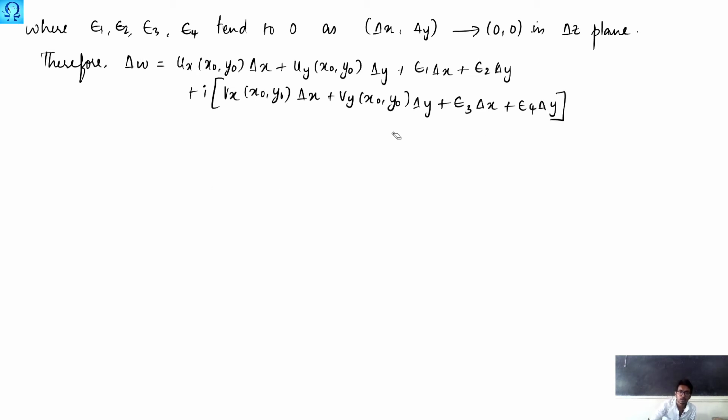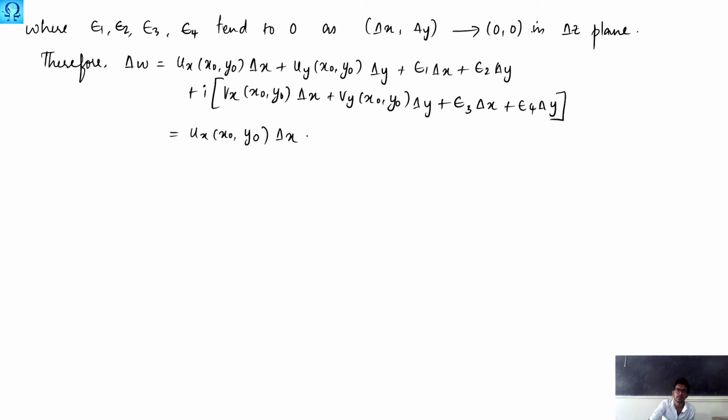Now using the fact that the CR equation is valid, that is ux is equal to vy, we shall write these things. Let me change things only in the imaginary part and write the rest as it is. Let us try to have only the derivatives with respect to x, that would be better.